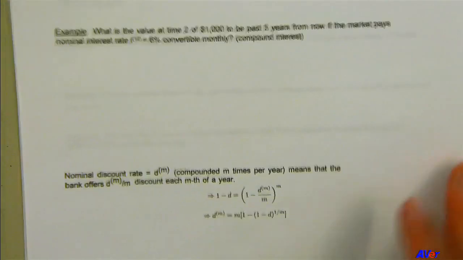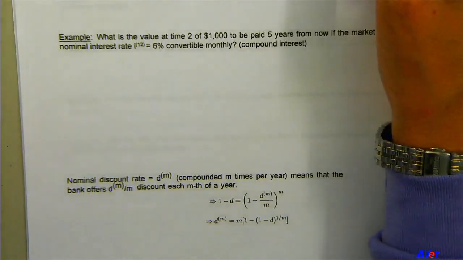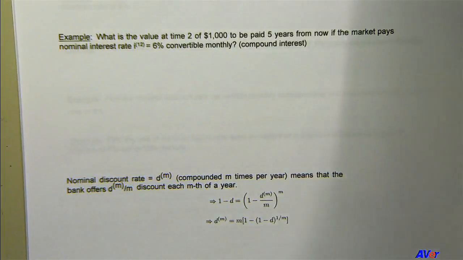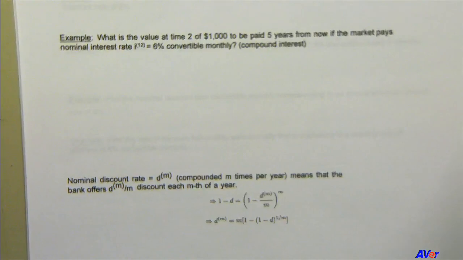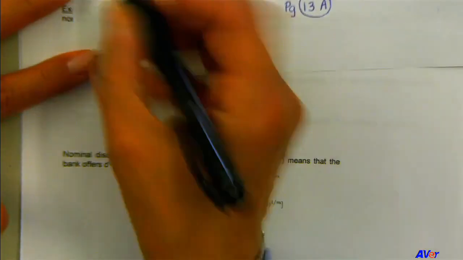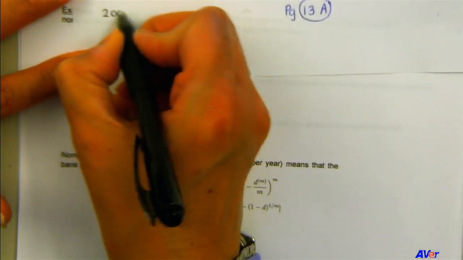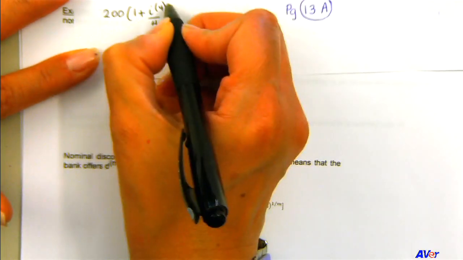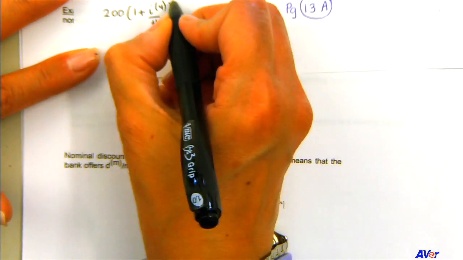So for the example we just did, can we use the formula 1 plus I m over m to the power of m times n? Yeah, that is in fact what I used. See? Right here. I used 200 times 1 plus I 4 over 4 to the 6th power.